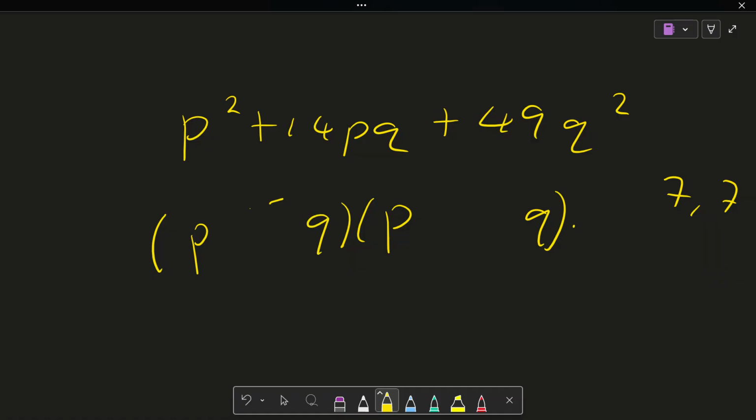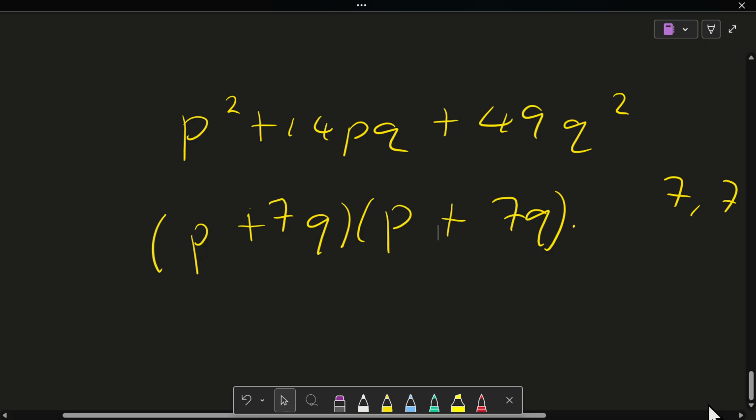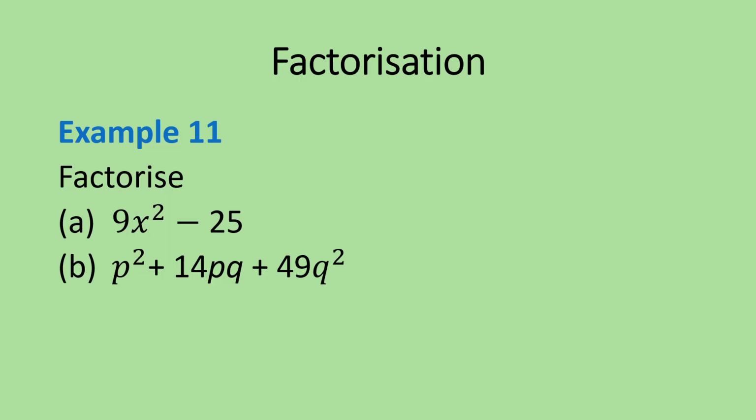So here is 7q and 7q. So you should put p plus 7q, p plus 7q. 7q multiplied by 7q gives you 49q squared. Then 7pq plus 7pq gives you 14pq. And p times p gives you p squared.